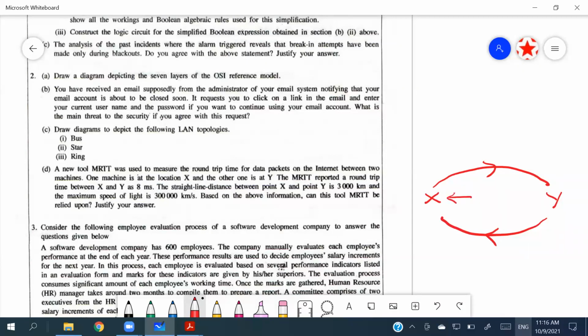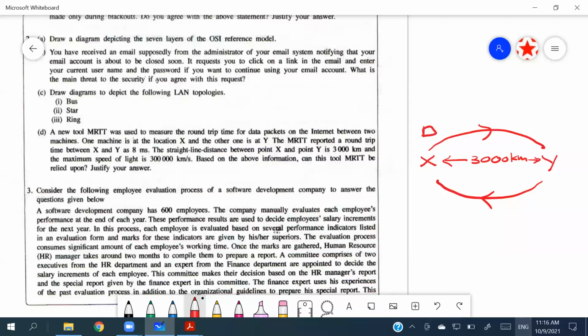So the question says it has 3,000 kilometers in between these 2 points, right? So round trip time means altogether it's 6,000 kilometers, right? When you are sending a small data packet from here to here, and once it is moved back here, this MRTT device shows 8 milliseconds for the round trip time. 8 milliseconds.